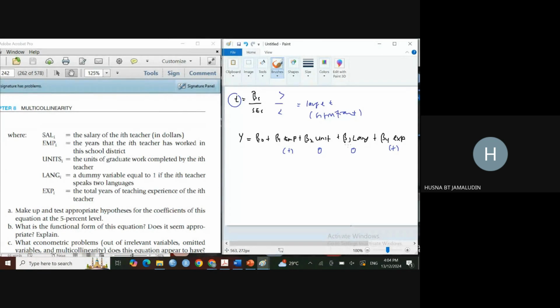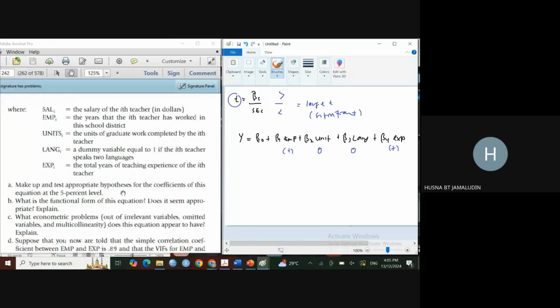You can see why years that the teacher has worked in school and the experience have multicollinearity. Because if you have been working for so long, of course you will have more experience. So basically, these variables are talking about the same thing. If you want to drop one of these two variables, we will drop the years, because experience is of course one of the factors that affect the salary.